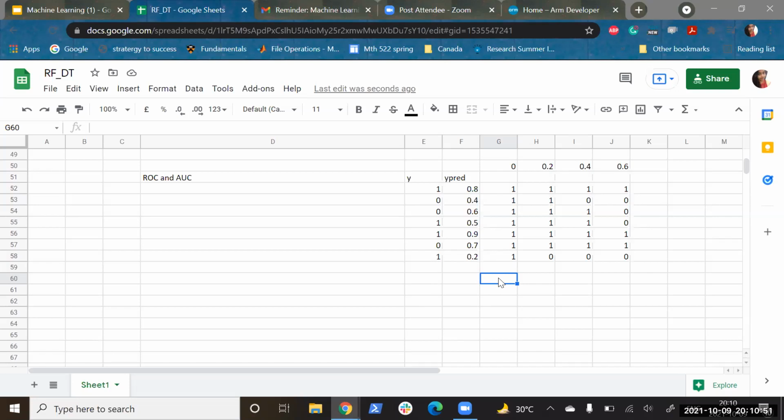Let me write down the values because I will calculate them. First step for threshold 0 is 1, and for false positive rate 0, we have the value as 1 again.